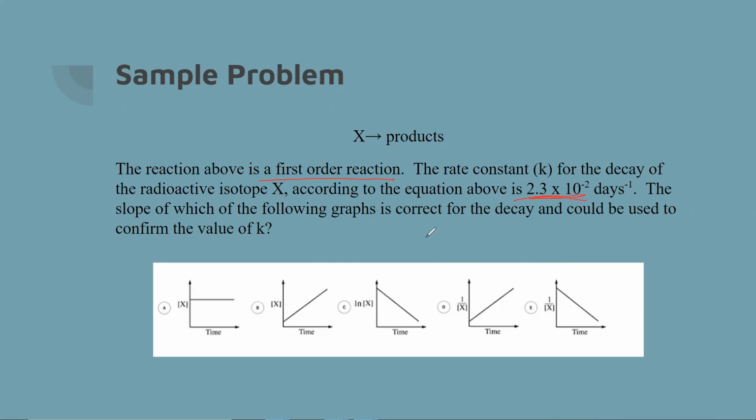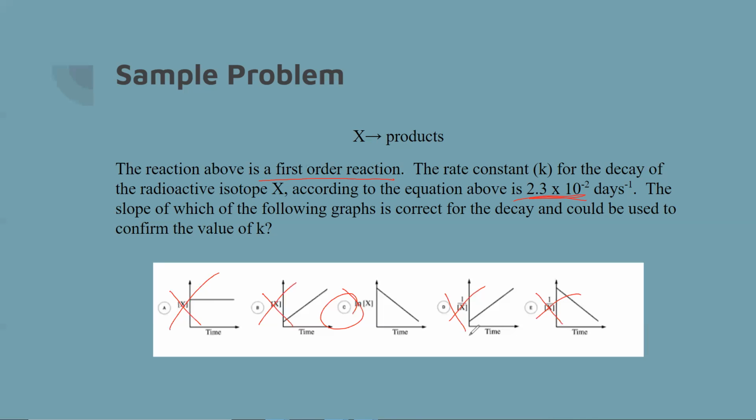If you go back and look at the first order reaction straight line graph, we should find that straight line in a graph that has a y-axis of natural log, right? So automatically A is out, it has the wrong y-axis. Automatically B is out, it has the wrong y-axis. Automatically D is out, and automatically E is out, they have the wrong y-axis. So with that piece of information only, you can identify the correct answer.